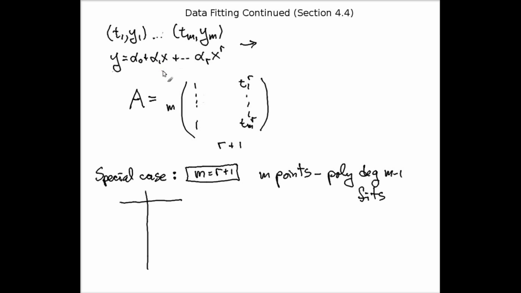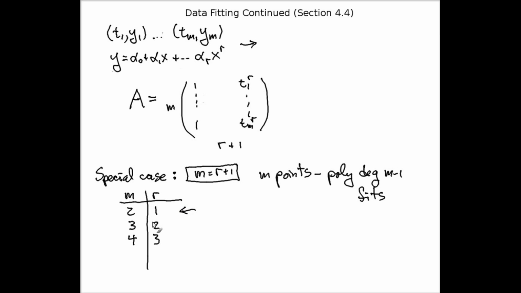We want to start with m is equal to 2 and r is equal to 1. And then m goes up from there, m is 2, 3, 4, r is equal to 1, 2, 3, and so on. So let's look at these cases one by one.